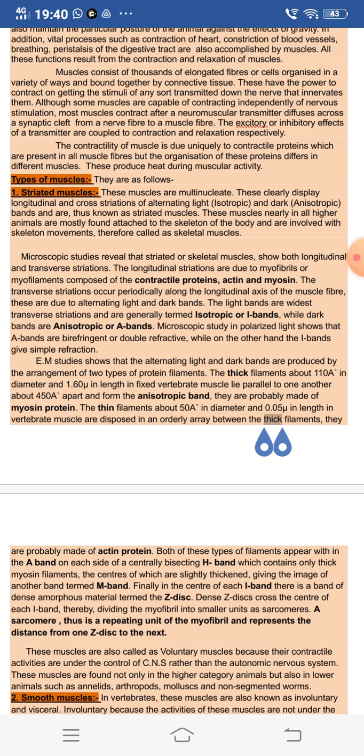So the contractile proteins are of two types, that is the actin and the myosin filaments. The actin filaments are the thin filaments, and they are present in the light bands, or we can say that the light bands are composed of the thin filaments, which are the contractile proteins known as the actin filaments, whereas the thick filaments are the myosin filaments, which are present in the dark bands.